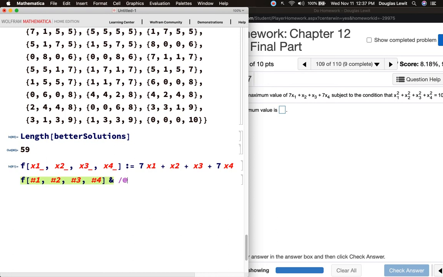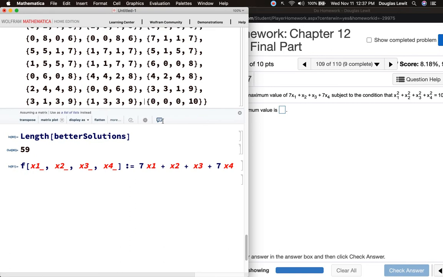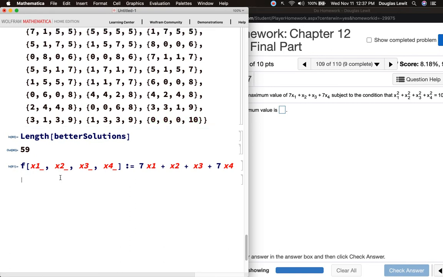And I'm going to apply, actually, wait a minute. No, that's not going to work out too well. So this is a single entity, but it has 4 parts.